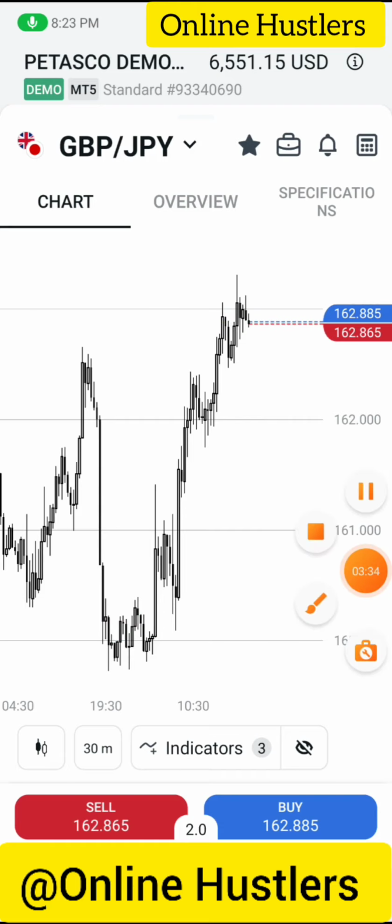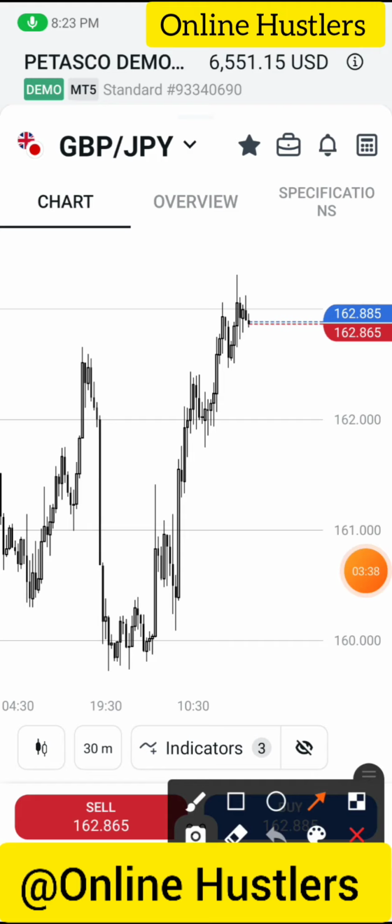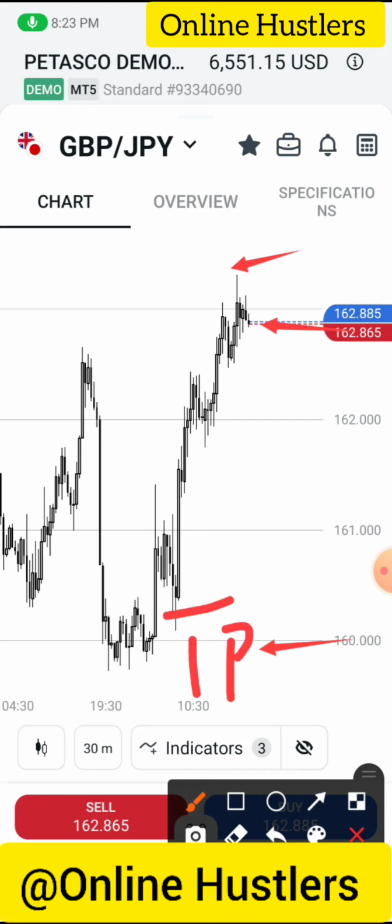Let me just use an arrow to indicate that. TP, take profit. E for entry, SL for stop loss.